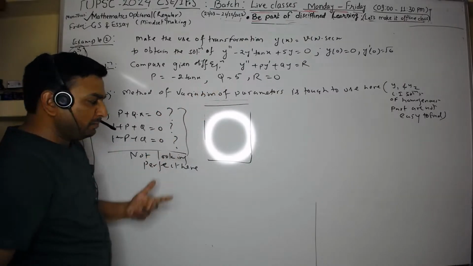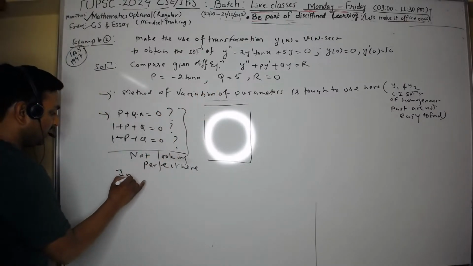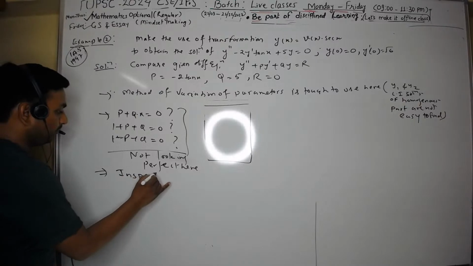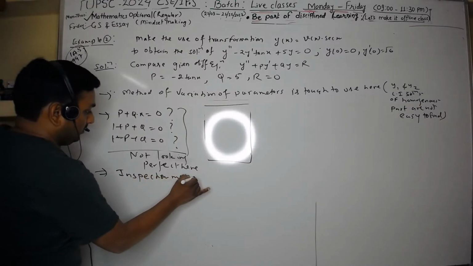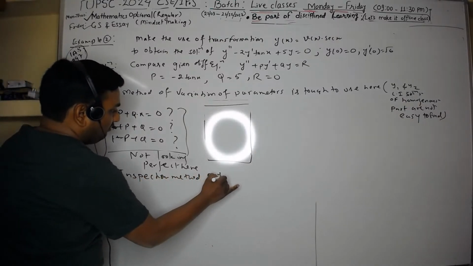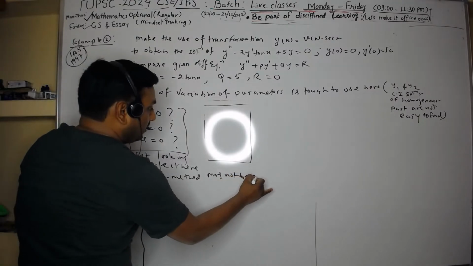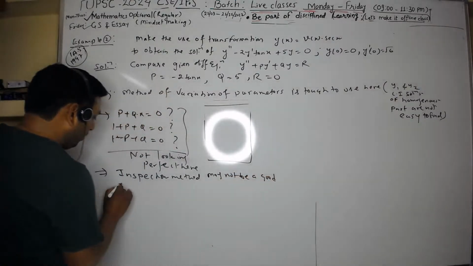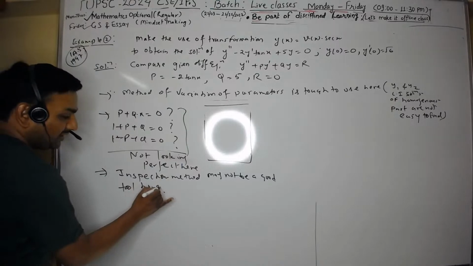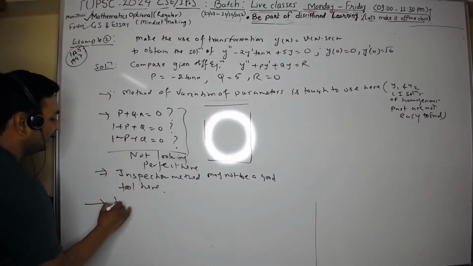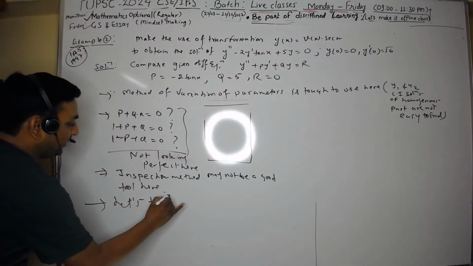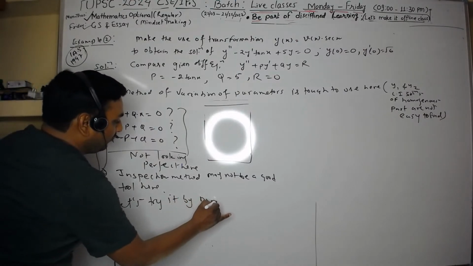Not so. Means inspection method may not be a good tool here, right? So let's try it by normal form.